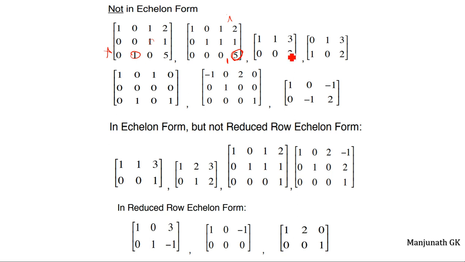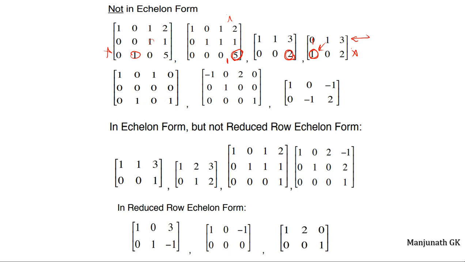And the leading coefficient in the second row is 2, but it should be 1. And you can observe here, the leading coefficient in row number 2 should be to the right of the leading coefficient above it, but it is on the left side, so it is not.